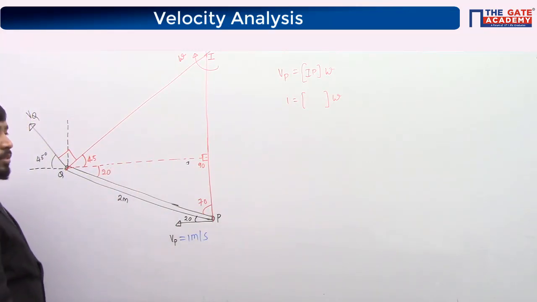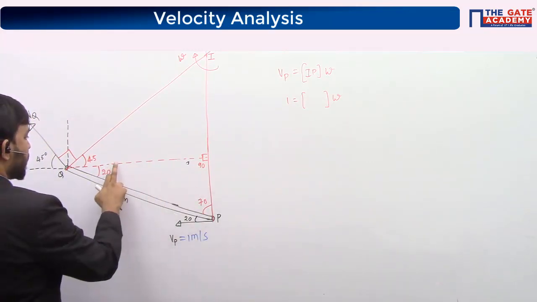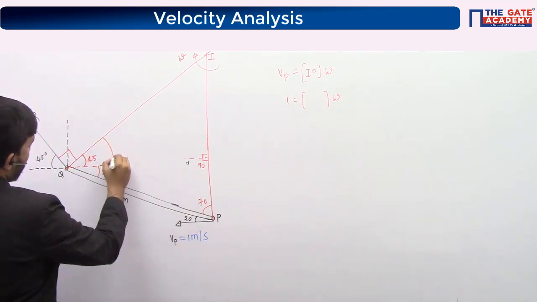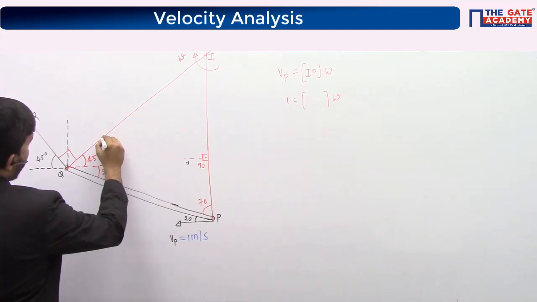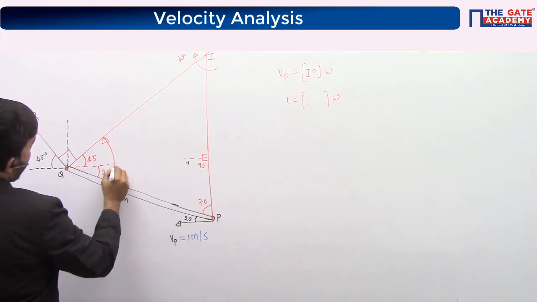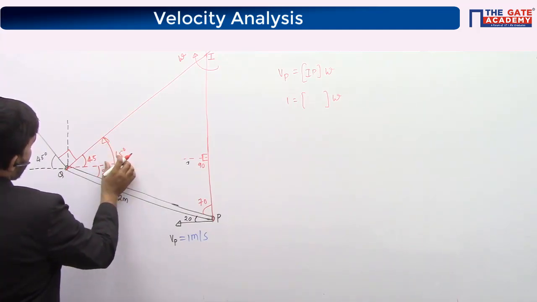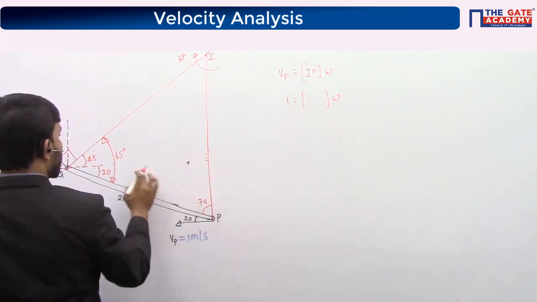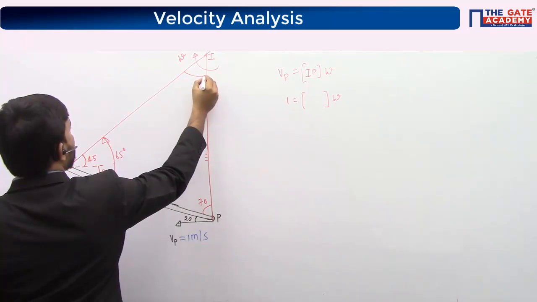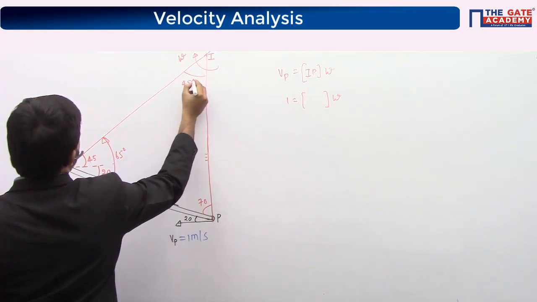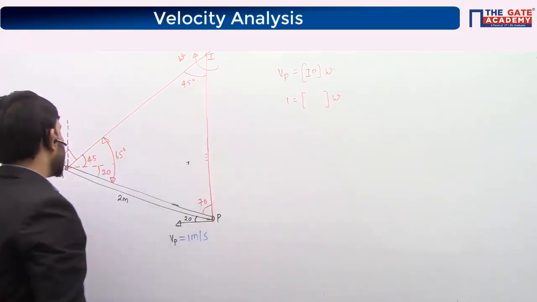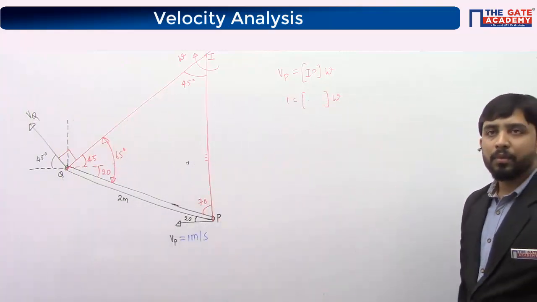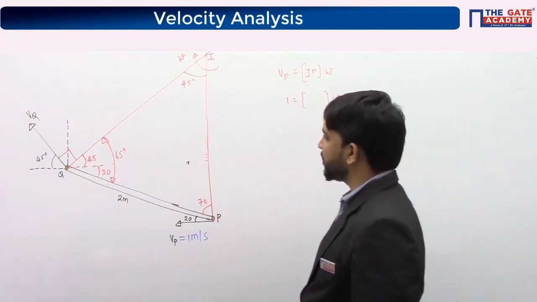So 180 degrees minus that, this total angle is 65 degrees, okay? So if this is 70, this is 65, and this angle is 45 degrees. So these are the different angles.